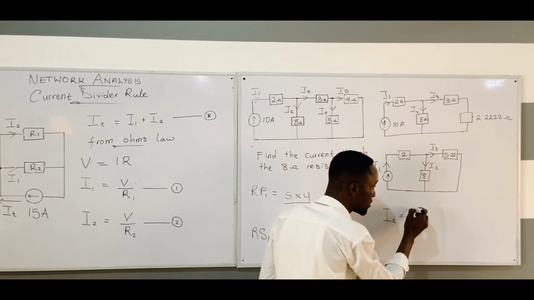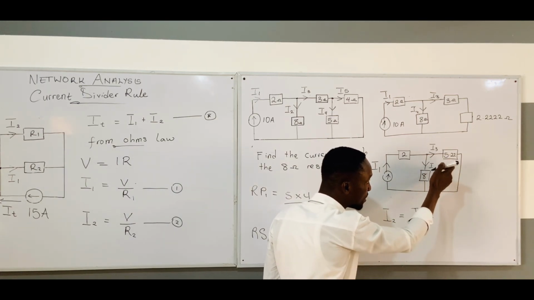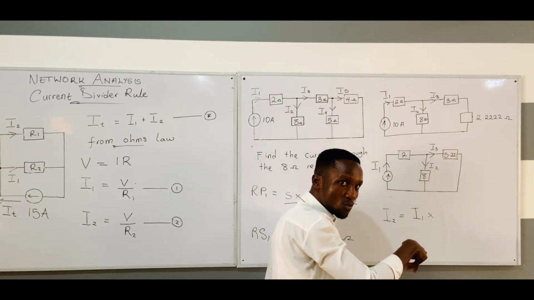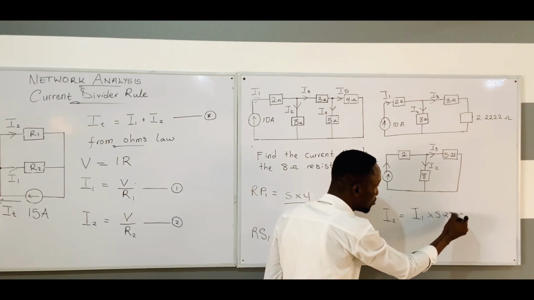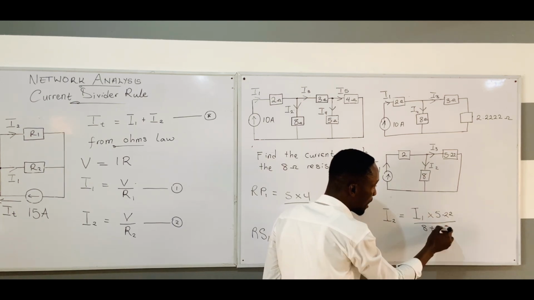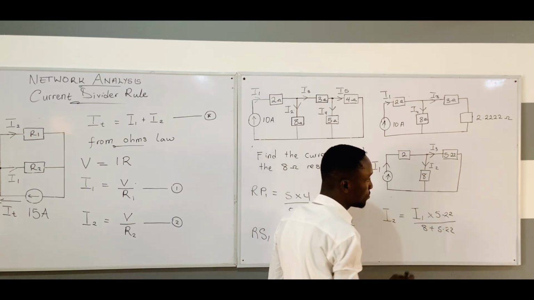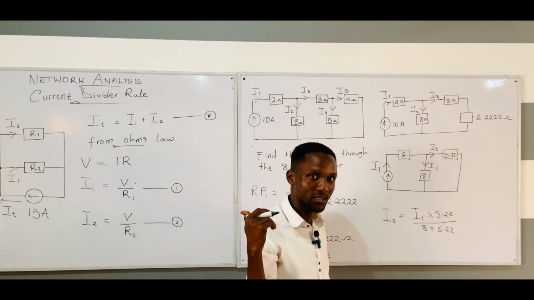So you use it to multiply. Now, multiply by the opposite, not the one that I2 is passing through. So we pick our 5.22 divided by 8 plus our 5.22. Do you understand now? So I've applied the current divider rule we initially did here.